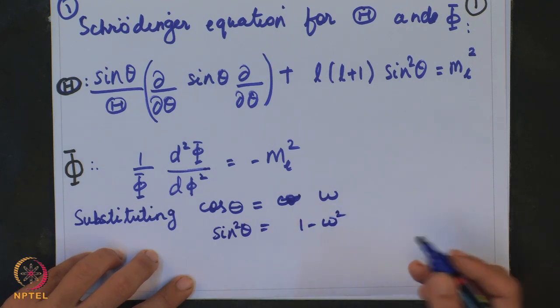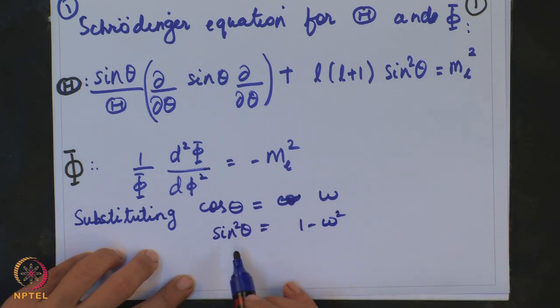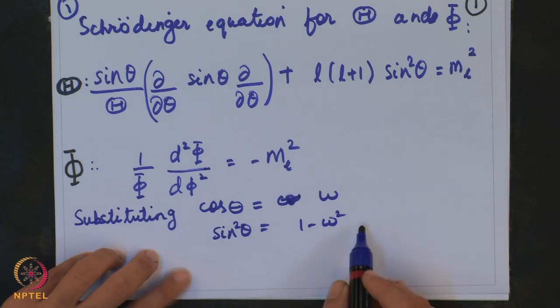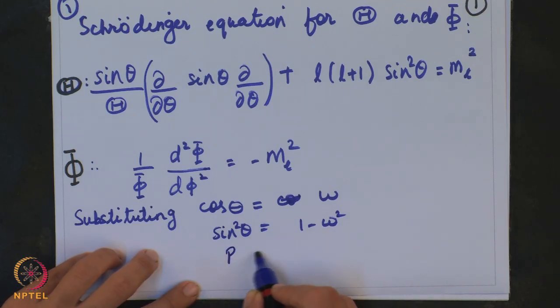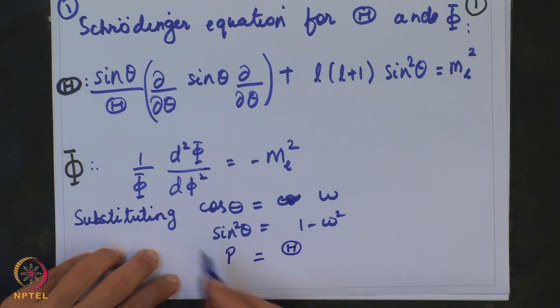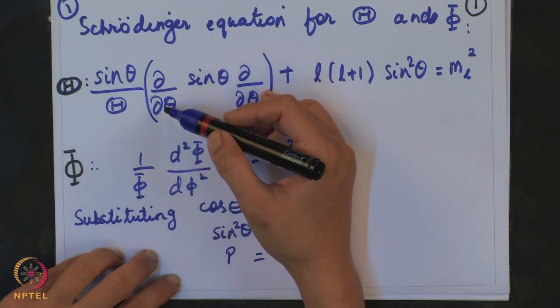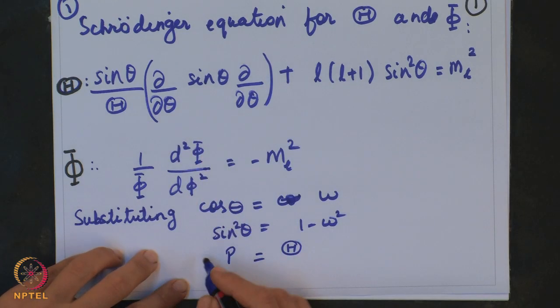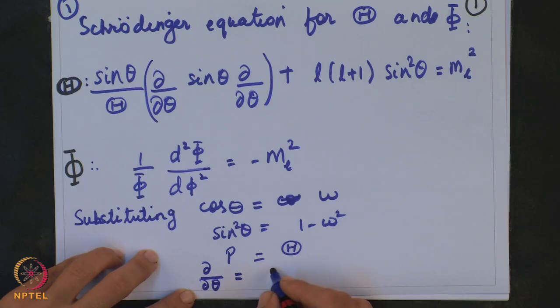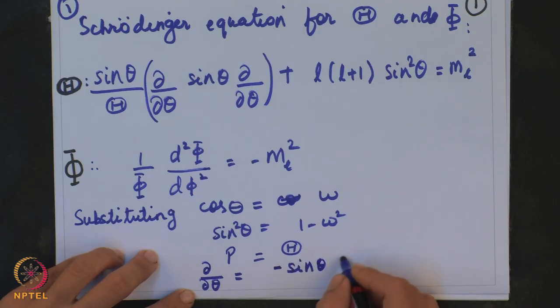So sin square theta is 1 minus omega square, P is capital Theta, and I want to rewrite dou by dou theta in terms of dou by dou omega. That will be dou by dou theta is nothing but minus sin theta dou by dou omega.